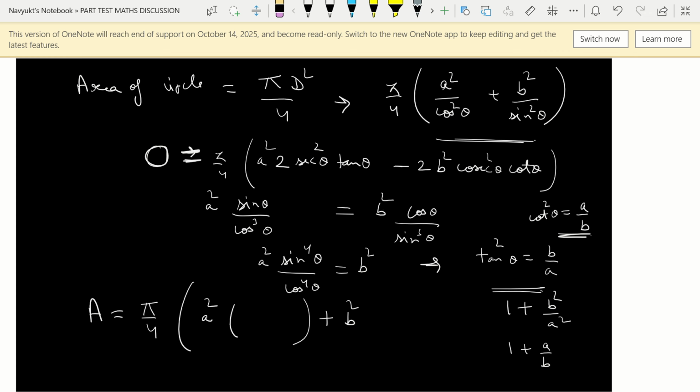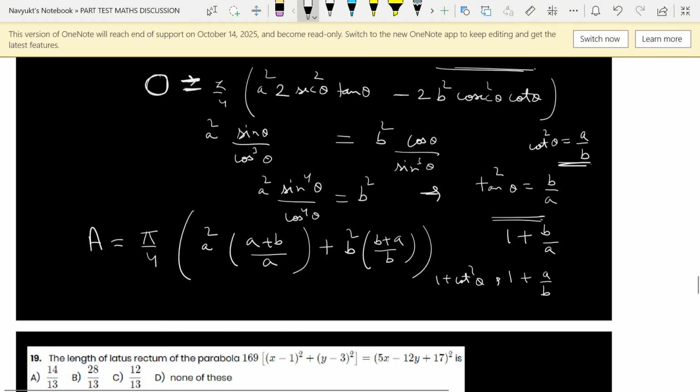It should be 1 plus b by a, because tan square value is b by a, it's not the tan value being b by a. So it will simply come out as a plus b by a. Fine. And similarly here, the cot square is a by b. So cosec square will be 1 plus cot square, which is 1 plus a by b. So here we write a plus b by b.